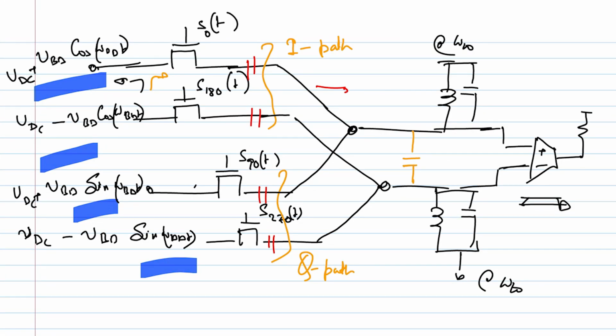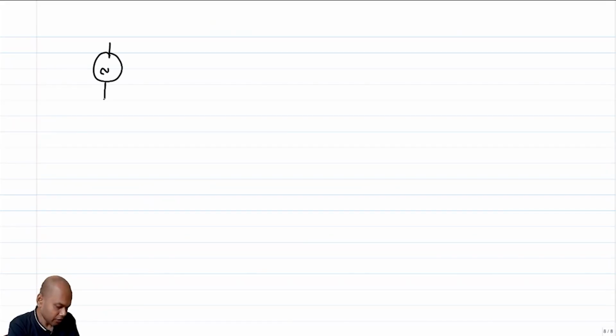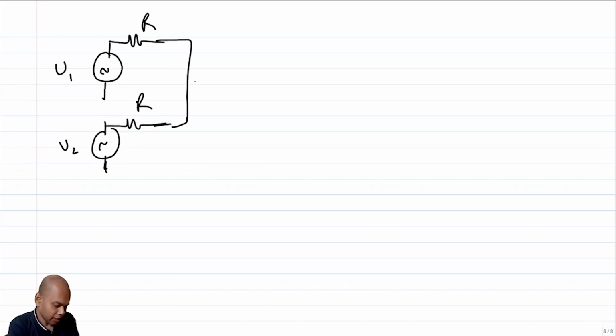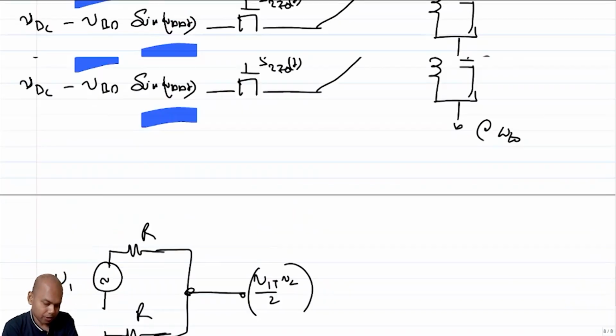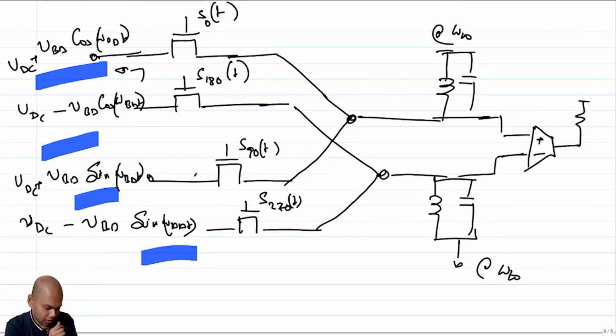So essentially what we are banking on is the fact that something like this is happening. So if you have a voltage source, let's say I call this V1, I have another voltage source, I call this V2, and I have some resistance R and R, and I connect them. What do I get here? I get (V1 plus V2) by 2, right? So that is what we are banking on here, right?